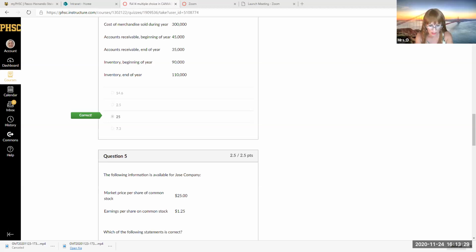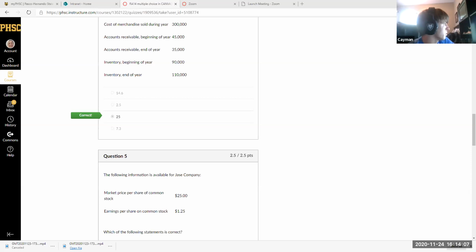In other words, a share of common stock of Jay's Company was selling for 20 times earnings per share. So in other words, what was $20 price earnings?